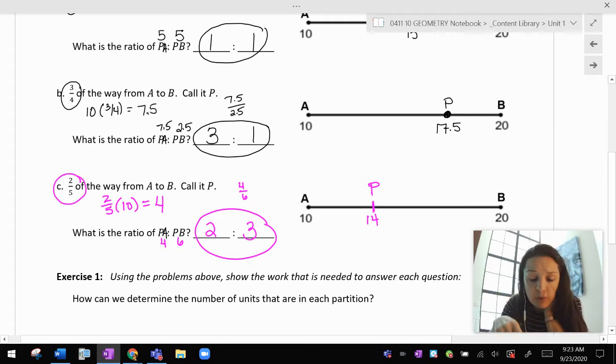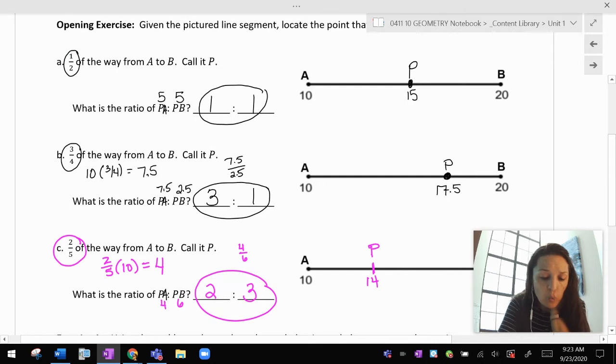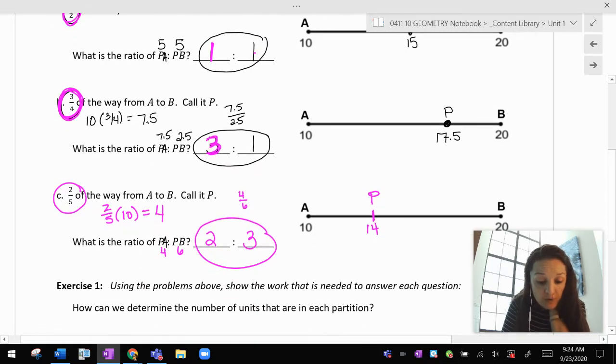Before we jump into some other things, I want you to notice something. 1/2 split into a ratio of 1 to 1. 1 plus 1 is 2. 3/4 was 3 to 1. 3 plus 1 is 4. 2/5 was 2 to 3. 2 plus 3 is 5.